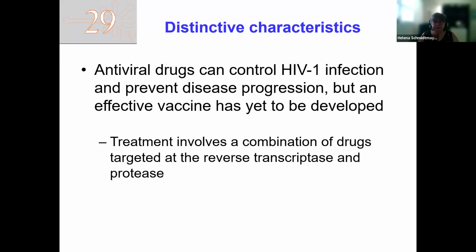We do not have a vaccine against HIV. And the treatment is efficient, but it only suppresses viral replication. It cannot eliminate the virus. It involves a combination of drugs that target viral reverse transcriptase and viral proteases.